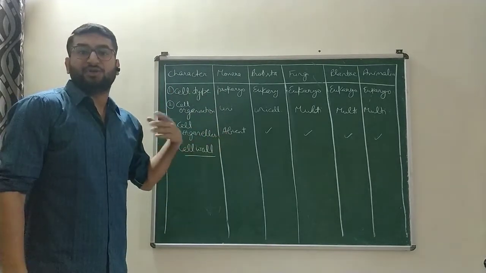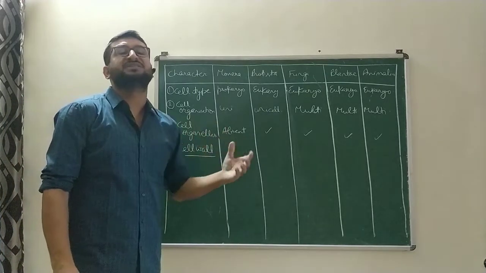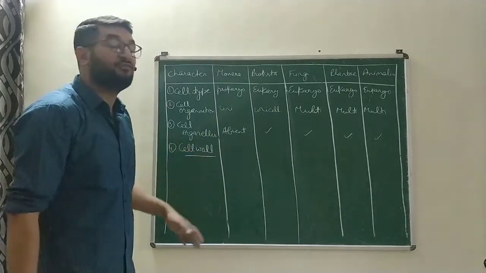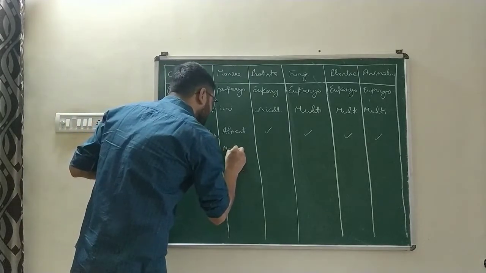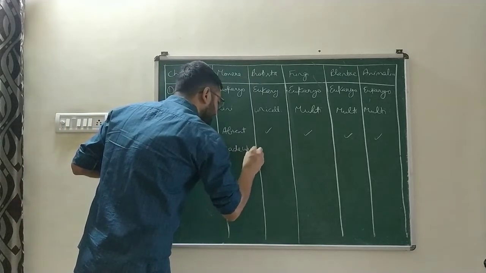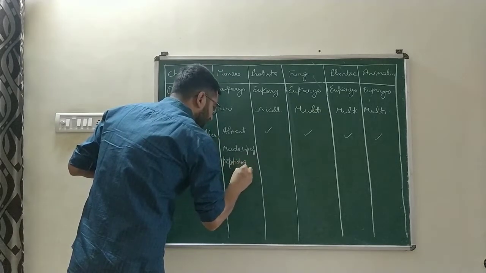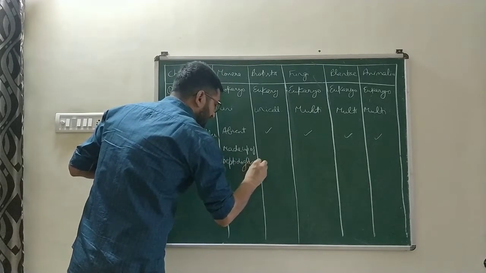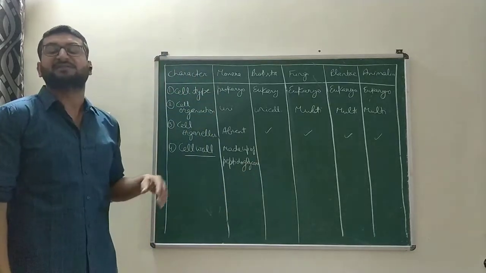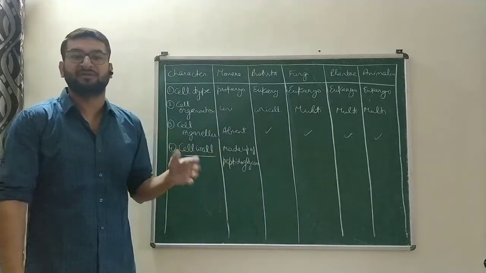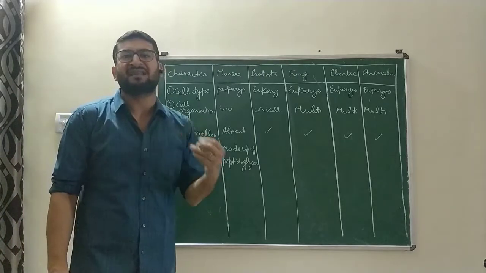Monera, the unicellular prokaryotes, have a cell wall, and that cell wall is made up of peptidoglycans. The cell wall of the bacteria, or you can say the Monerans, is made up of peptidoglycans.